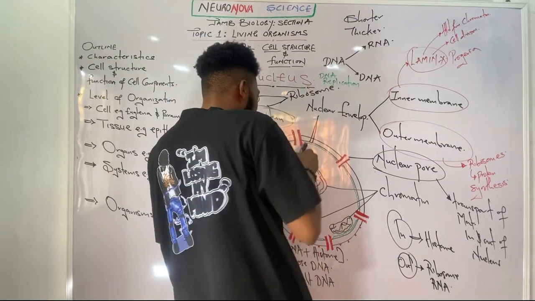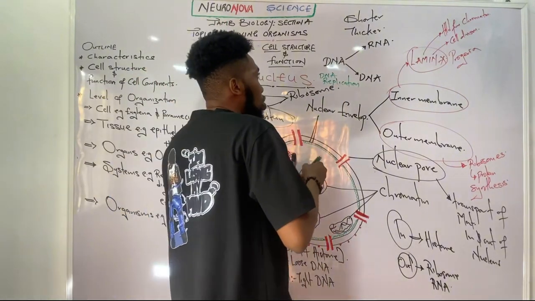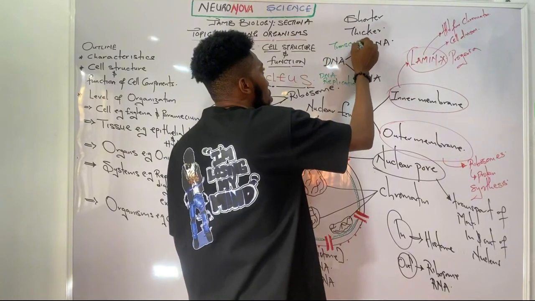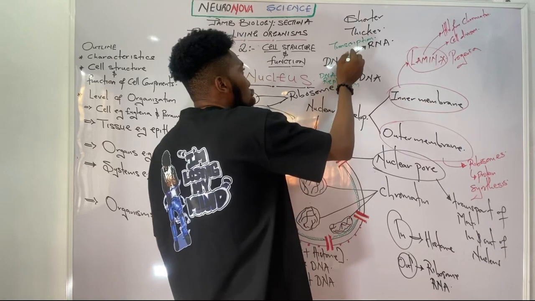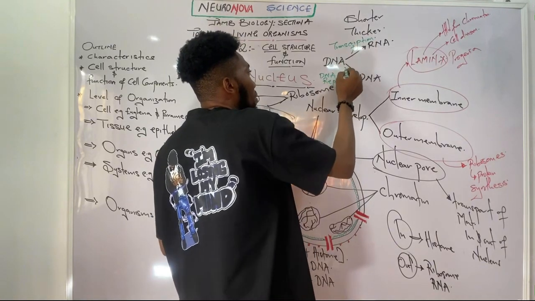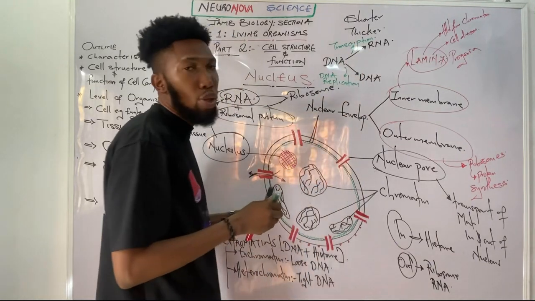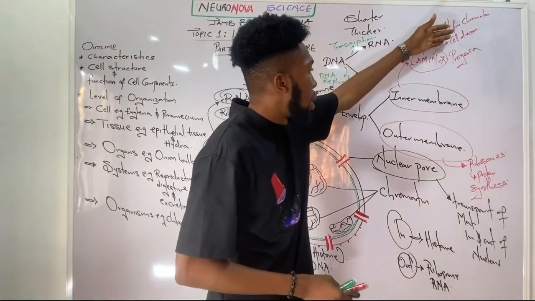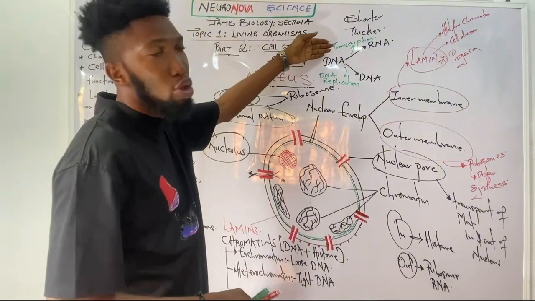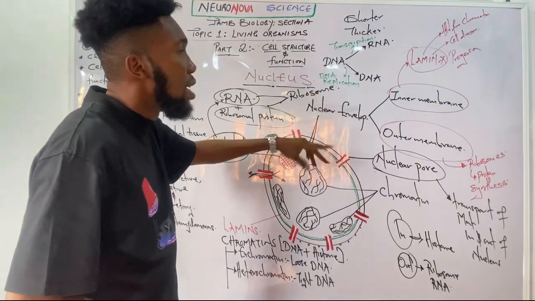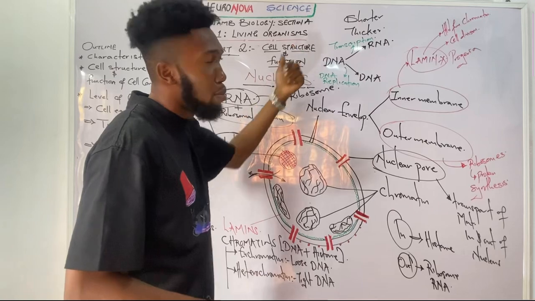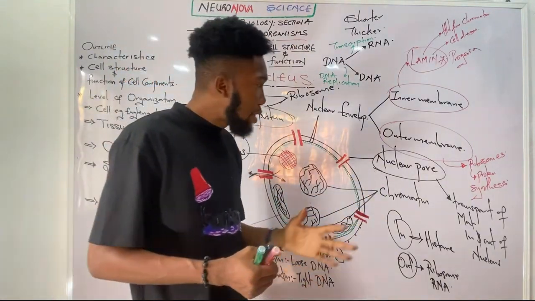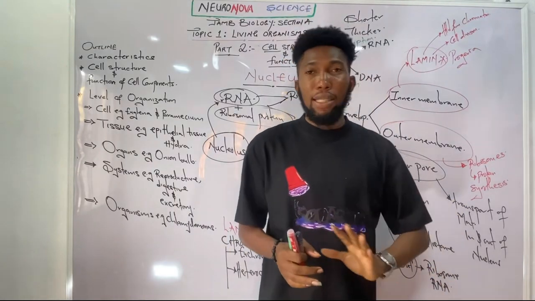And now I know you're conversant with that word, transcription. So we have transcription, and we also have DNA replication. So basically, the nucleus will help in cell division, in transcription, forming RNA from DNA, and also in forming DNA from DNA via DNA replication. You see that now? So that's basically it about the DNA as a JAMB bite.